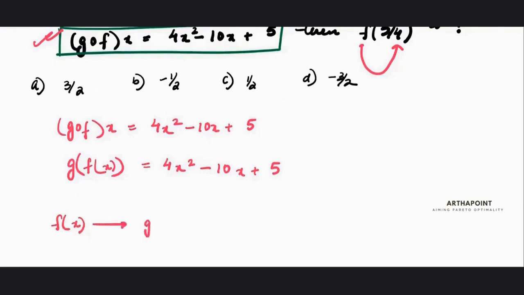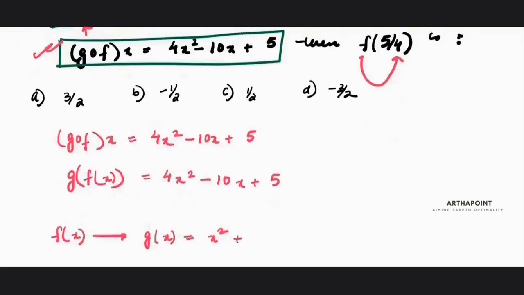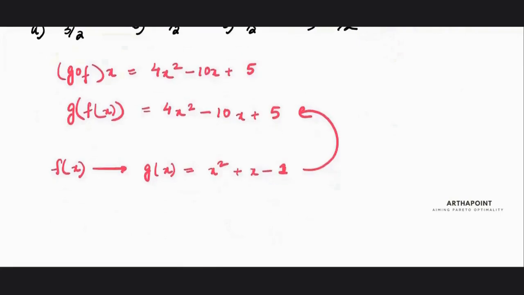When you put this function in the g of x function, which is x squared plus x minus 1, you got this, which means that wherever x is given, you substituted it with the function. And once you substituted it, the final answer that you got was 4x squared minus 10x plus 5.